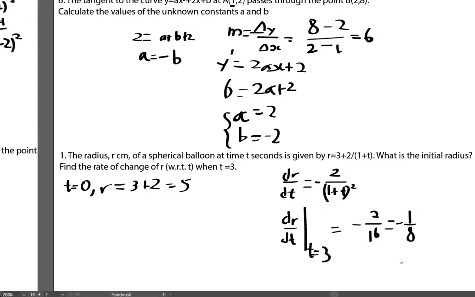That's the rate of change. For the units, the radius is in centimeters and the time is in seconds. So that's the rate of change at that time, and that's the answer.